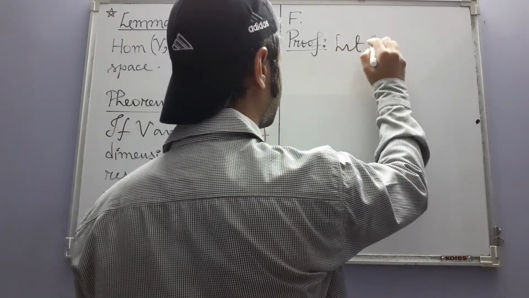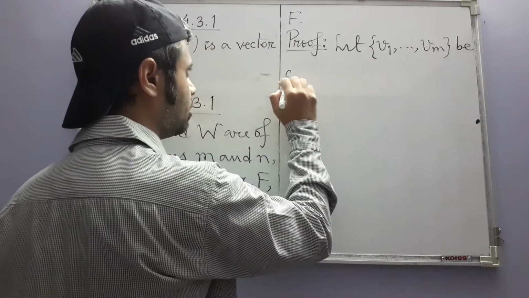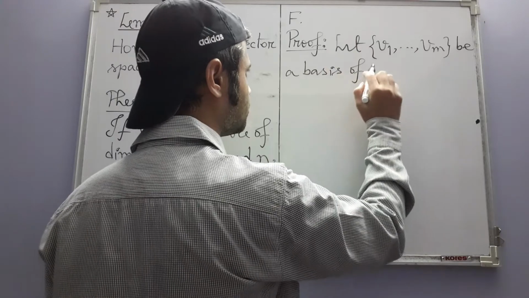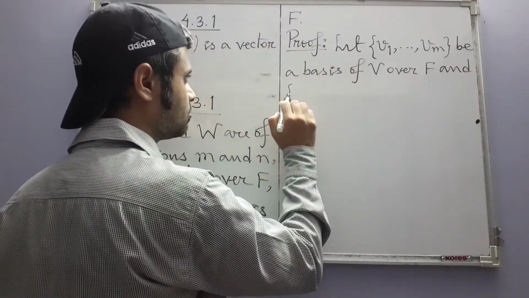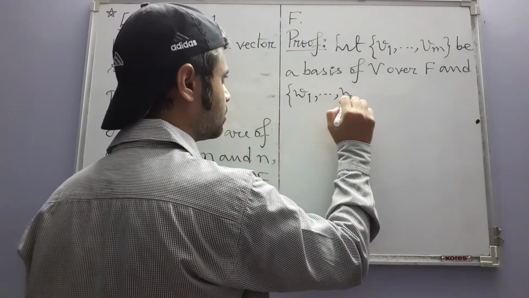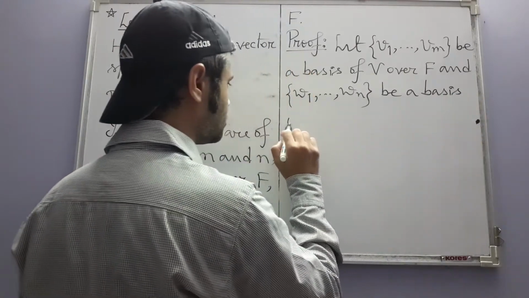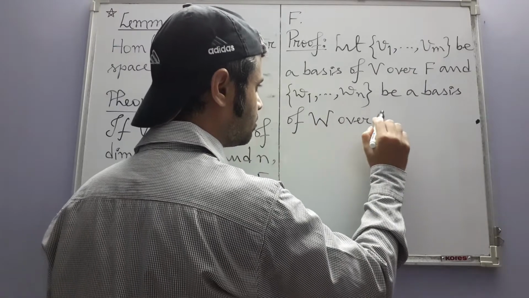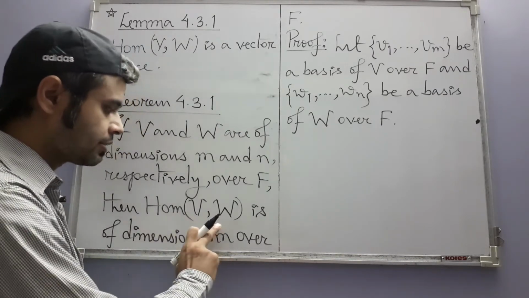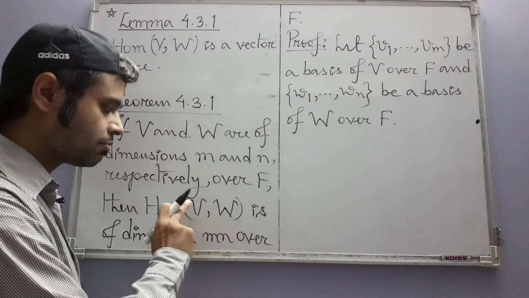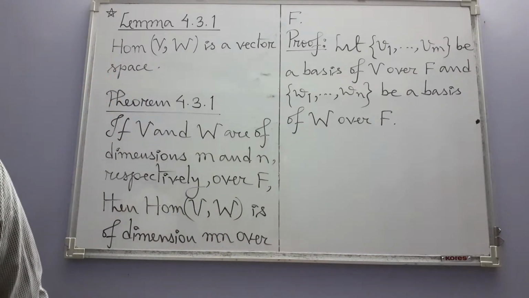So let V1, V2, etc., Vm be a basis of V over F and W1, W2, etc., Wn be a basis of W over F. Now we somehow need mn number of objects here in Hom(V, W), that means mn vector space homomorphisms from V into W, which will form a basis for this space. So let's see what we can do.